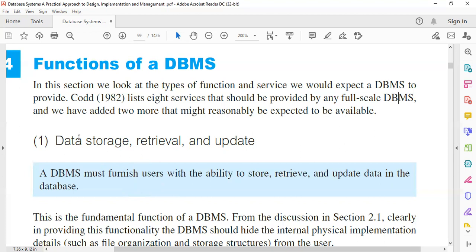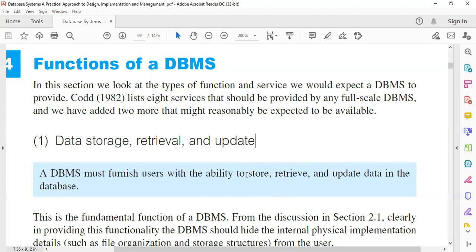So the first function, number one, is data storage, retrieval, and updates. This is the basic function: a database must furnish the users with the ability to store, retrieve, and update data in the database.